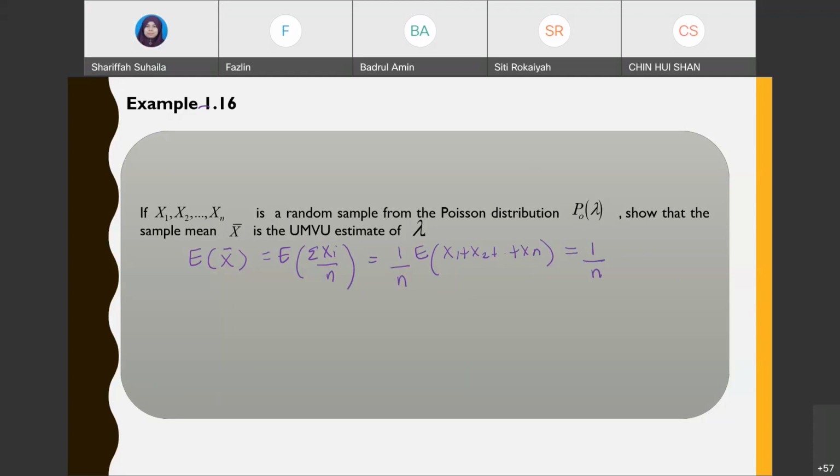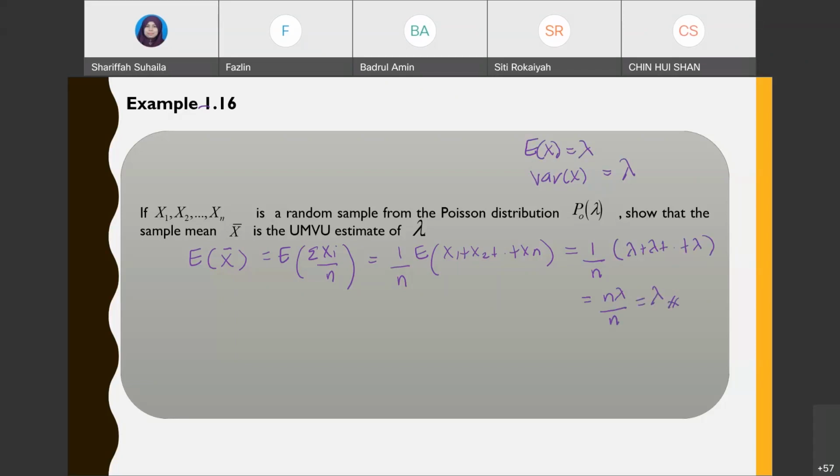So EX is lambda eh. Properties for Poisson, kalau boleh hafal. EX lambda, variance X pun lambda. Kalau tidak, kena buktikan pula. So EX, that's mean we have lambda plus lambda. All together you have n lambda. Cancel out with n. So again, unbiased.